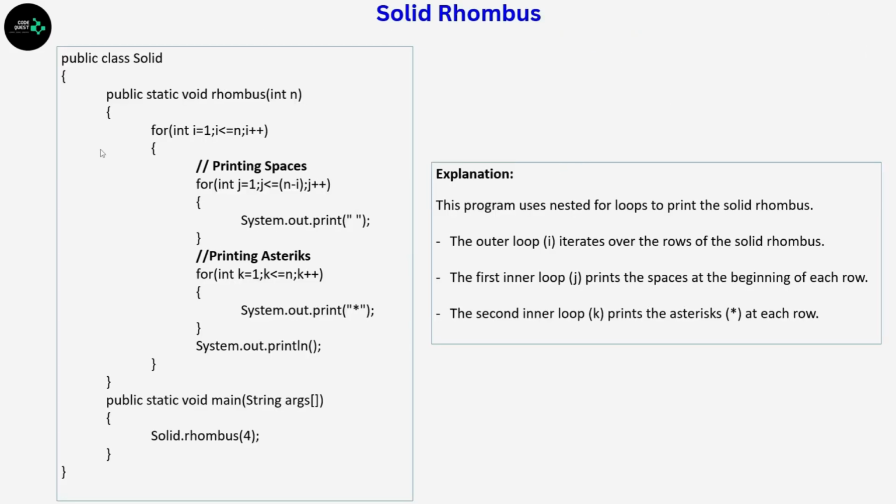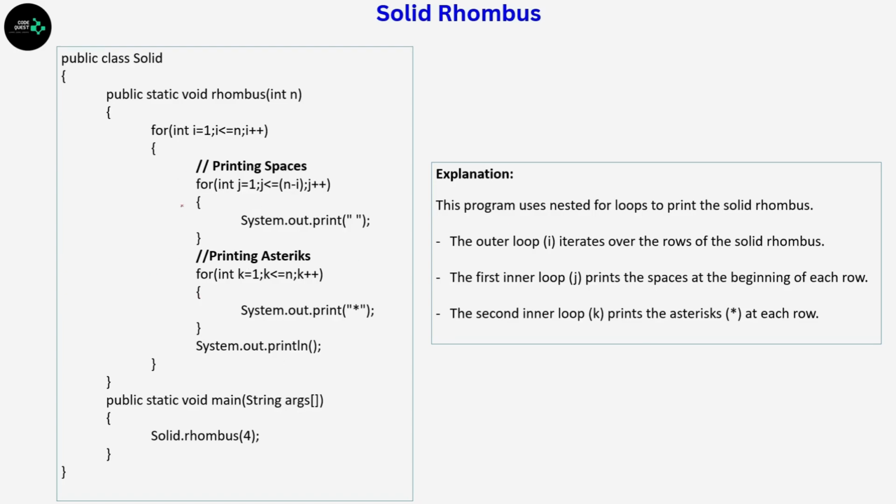So let's understand the explanation of the logic behind getting this solid rhombus. Here we are taking the help of a nested for loop, where the outer loop looks after the number of rows we are looking for, and inside this outer loop there are two inner loops.